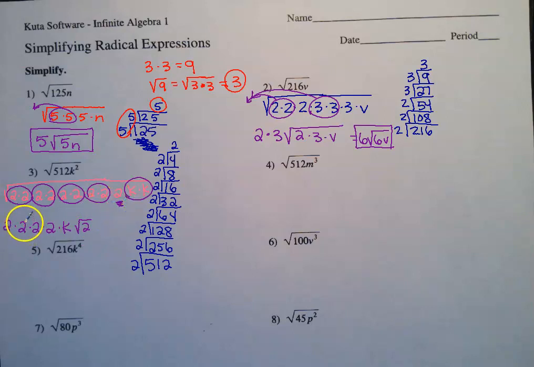So 2 times 2 is 4. 4 times 2 is 8. 8 times 2 is 16. So this is equal to 16k times the square root of 2.